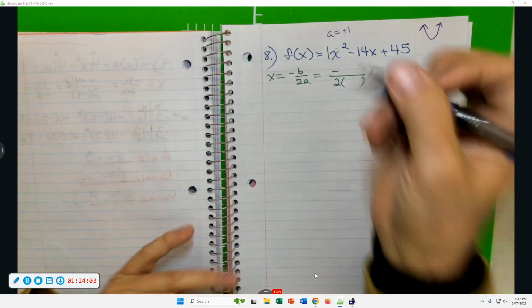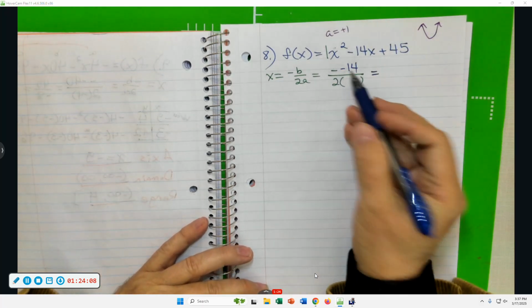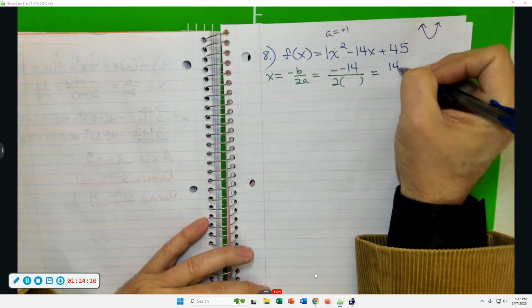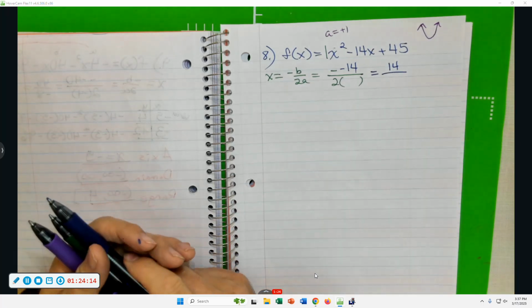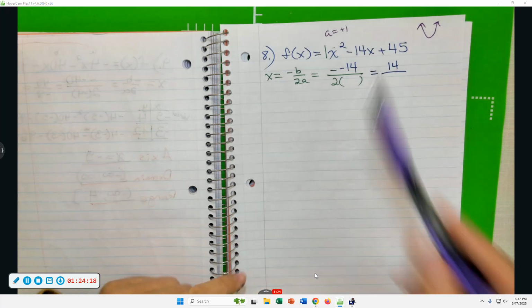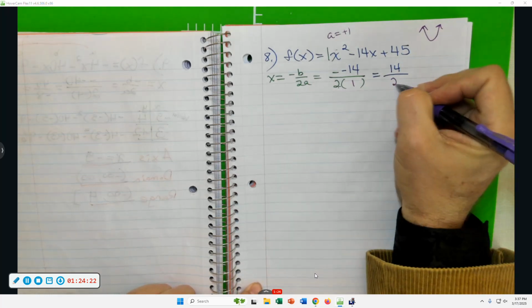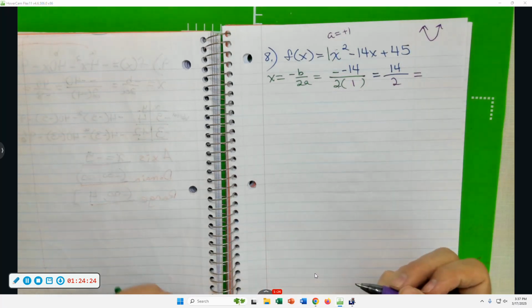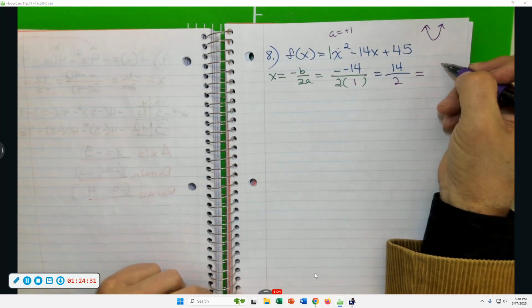Negative 14, so watch those double negatives. The opposite of negative 14 is a positive 14. What about our A value? 1. 2 times 1 is 2. That means my vertex is going to occur when x is equal to 7.